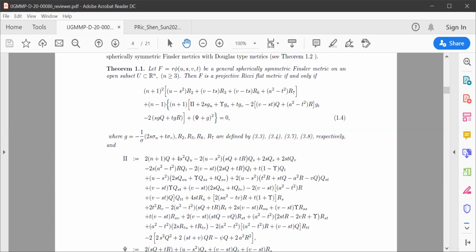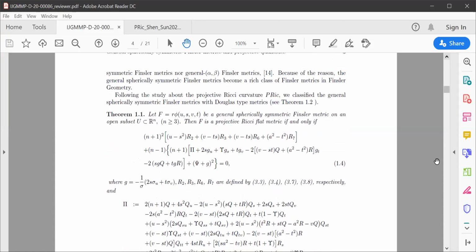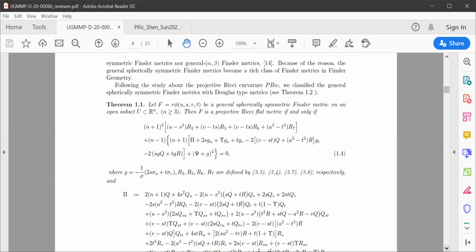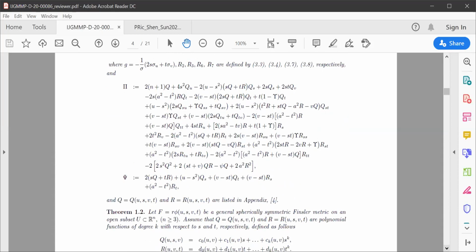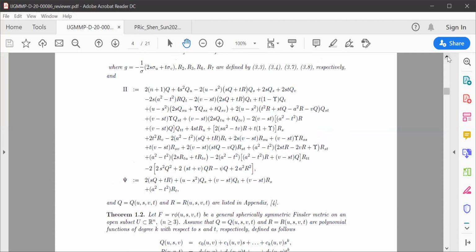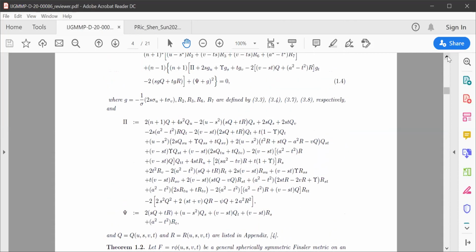And at the very beginning, before the statement of the theorem, you have to mention that. Otherwise, if you look at the statement of the theorem, it shows up listed in the appendix. That's okay. Usually you don't list it in the appendix. The appendix means this can be removed as you want.